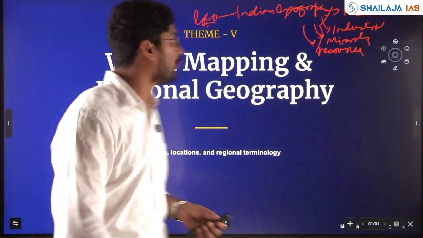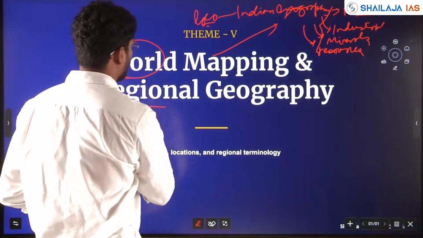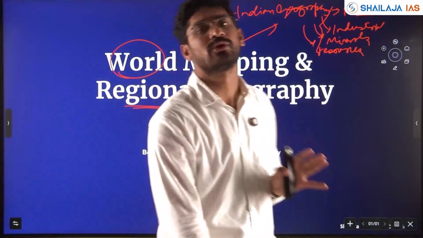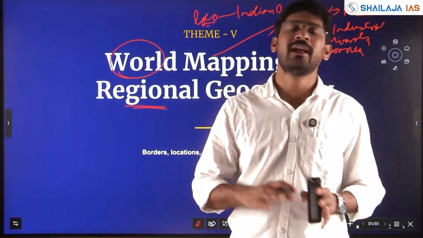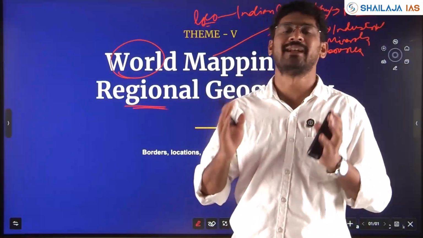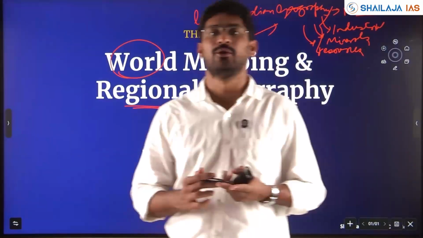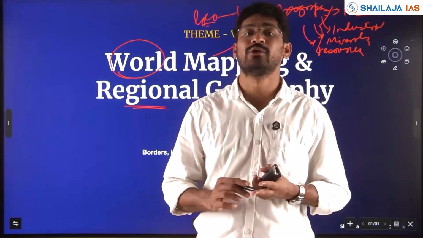Same thing you have to do with world mapping with respect to world geography and regional geography. My friends, every year 1-2 questions. It can be IR also, or it is geography linked to international places that are in news. It can be due to conflict, it can be due to any new environmental effect happening on those regions.